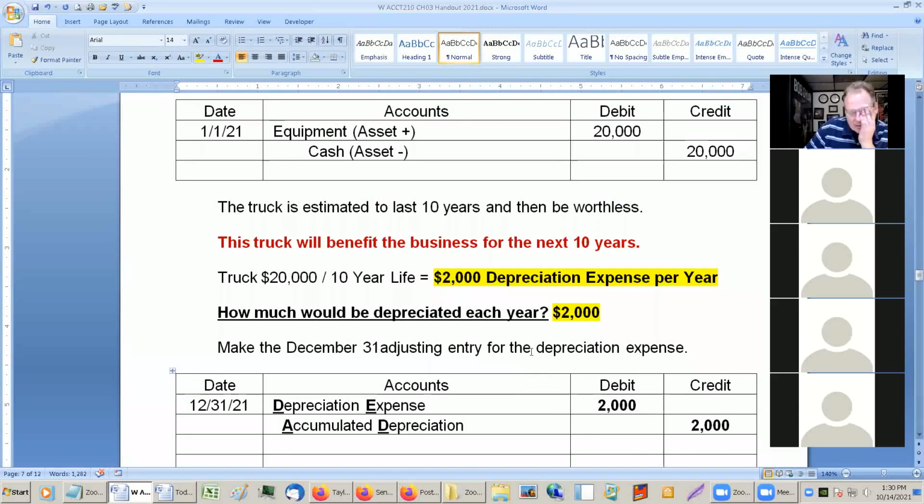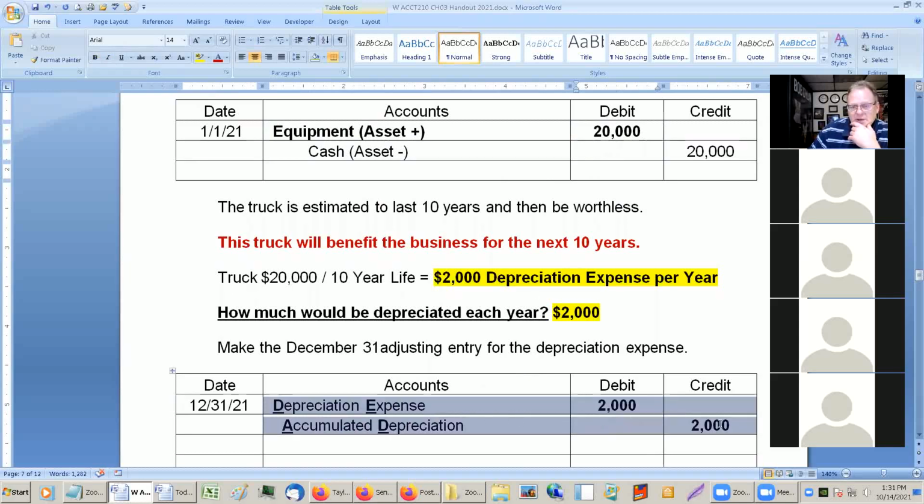Okay, so you'll notice something kind of wacky here too. You get this equipment account on the books for 20,000. You say, wait a minute, that equipment is going to be on the books for 20,000 still, right? Because the equipment is not in this journal entry. There's no equipment in here.